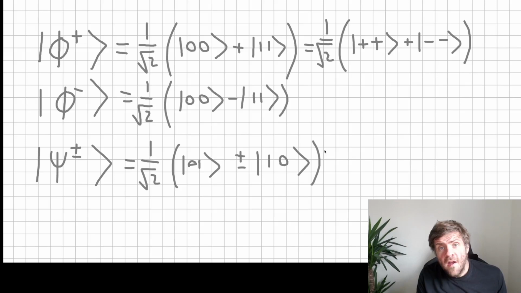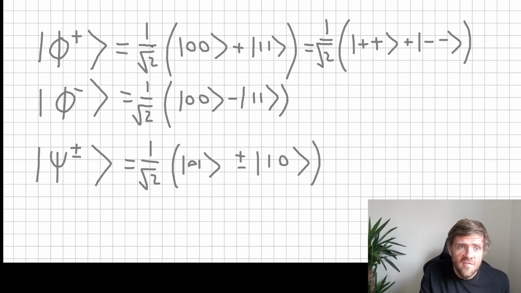Okay. Now these can all be obtained from each other by local unitaries, as we call them, which are unitaries that act only on one or the other qubit, and so excluding the non-local unitaries such as the controlled NOT. So the phi plus state can be obtained from the phi plus state by doing nothing.